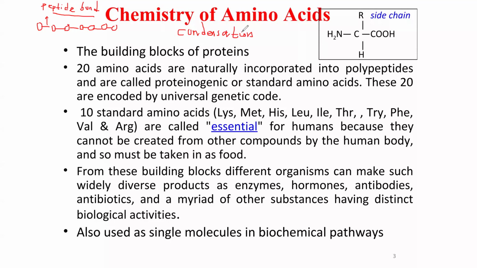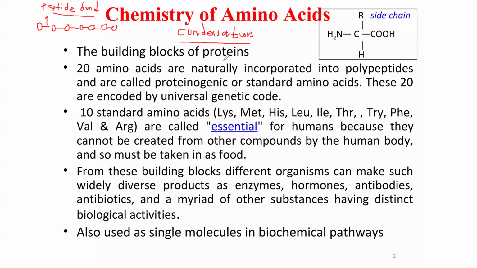In polymerization, smaller units join together to produce a larger one, but there is no release of any small molecules. The one that involves the removal of smaller molecules is called a condensation reaction.